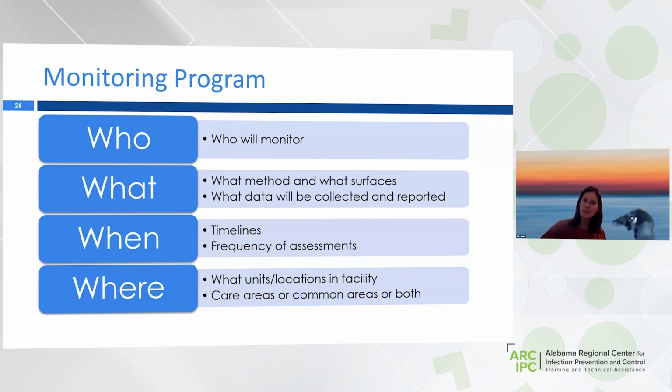Maybe in the beginning we do them a lot more frequently, and then we may be able to do them less frequently once we've made improvements. And if our performance begins to decrease in correlation with decreasing the frequency of our assessments, then do we need to increase our frequency again?